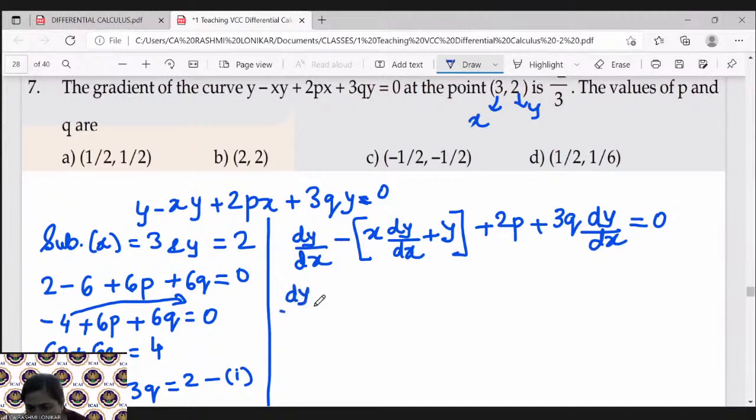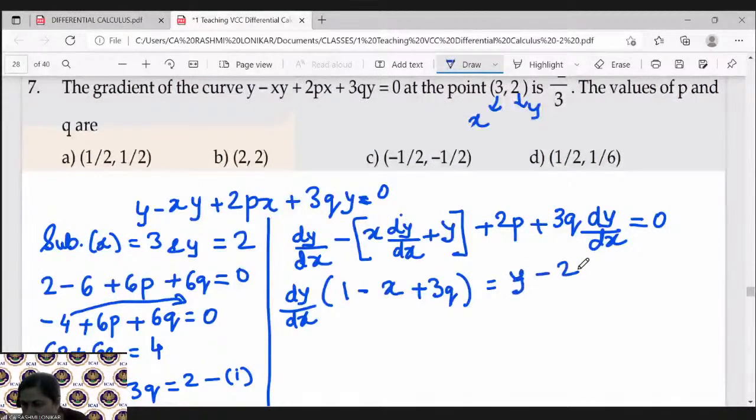So dy by dx into 1 minus x plus 3q. This is my first term, this is my second term, then this is my third term. Is equal to, minus y going this side becomes plus y, plus y minus 2p.